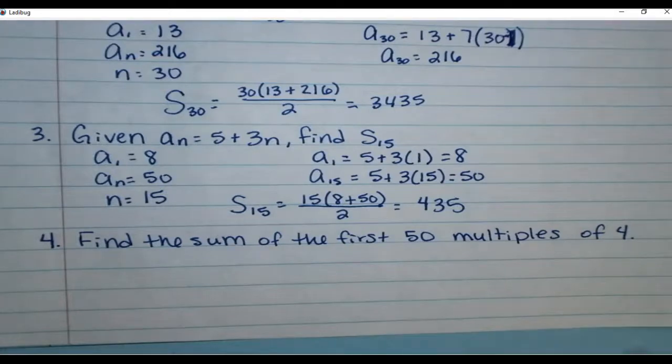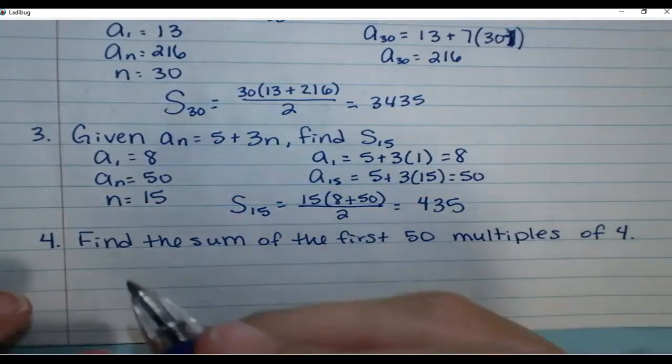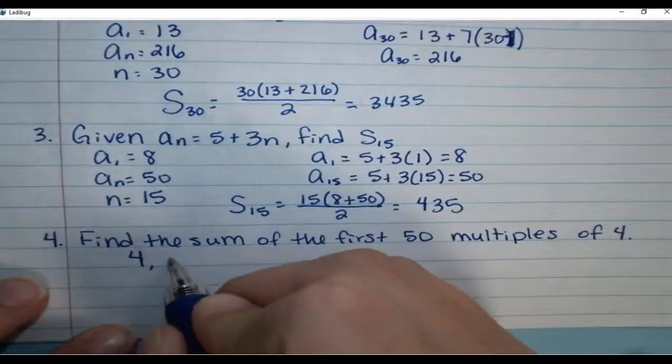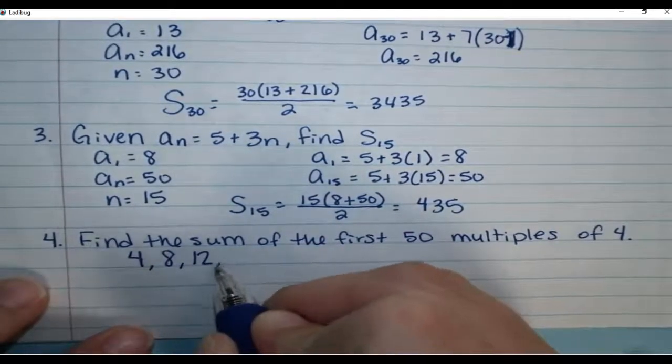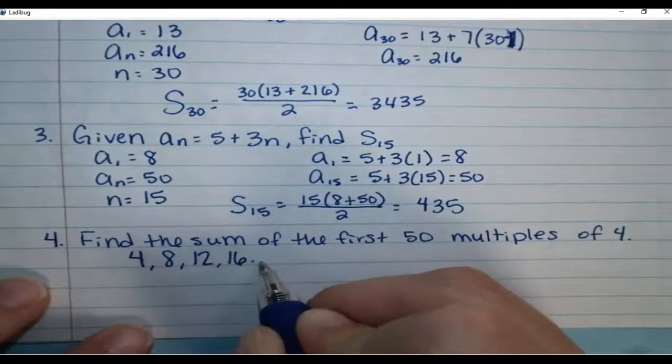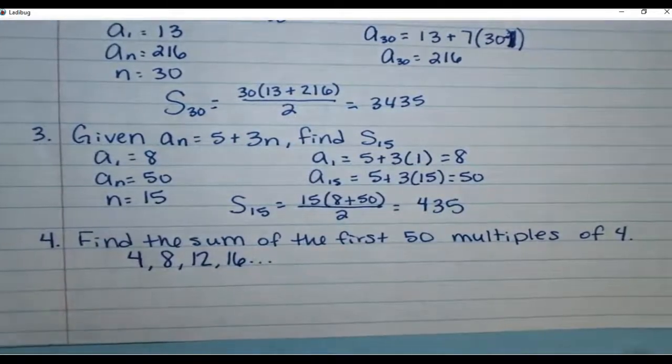What's a multiple of 4? 4 is 1. What's the next one? 8. And then, good, 12, 16, good, etc. So when you multiply 4 times 1, you get 4. 4 times 2, you get 8.